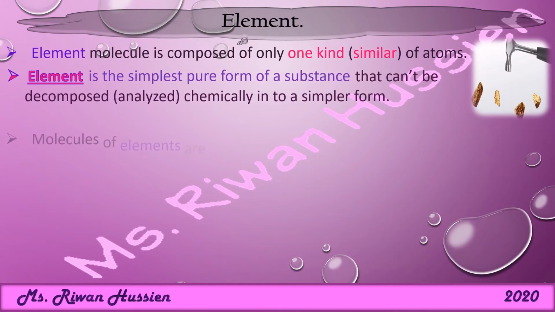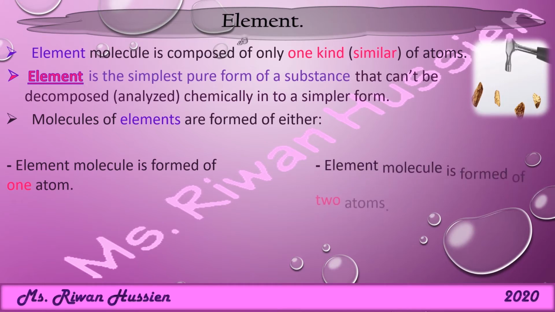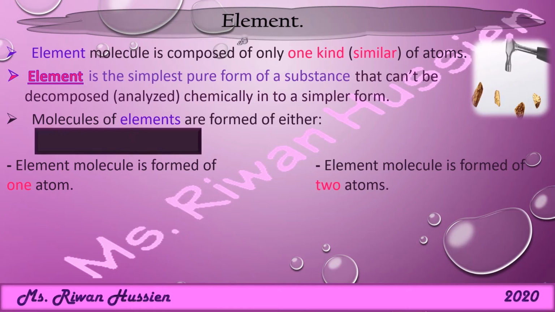Molecules of element are formed of either one atom or two atoms. When the element molecule is formed of one atom, in Latin language, one means mono, so we call it a monoatomic element.